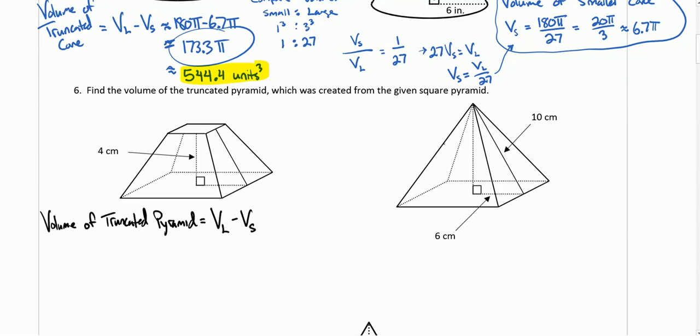Truncated meaning we're going to cut the top of that pyramid here, and we end up with a smaller pyramid. The top part that we cut off is a smaller pyramid.